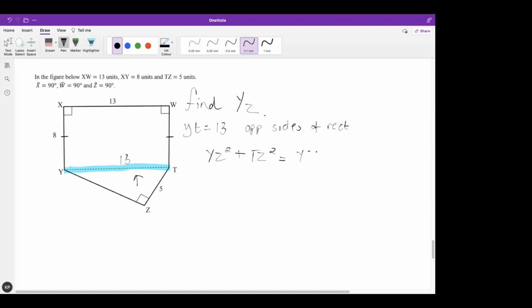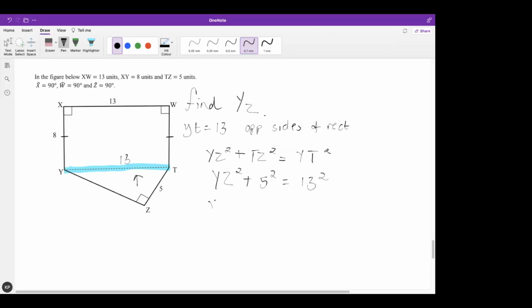Do you see? Oh, okay. Yeah. So the one we want is YZ squared plus how much is TZ? Yes, ma'am. 5 squared equals 13.